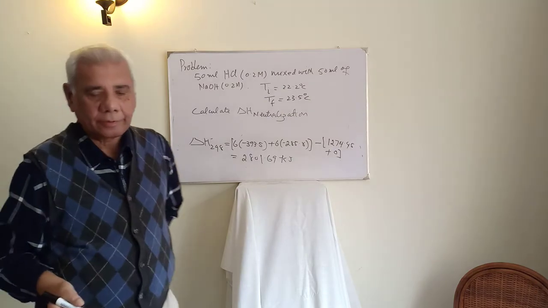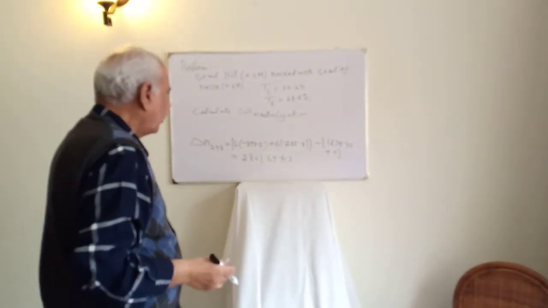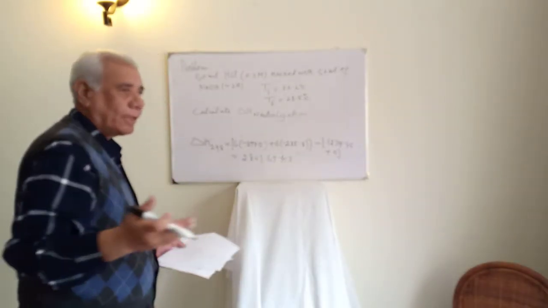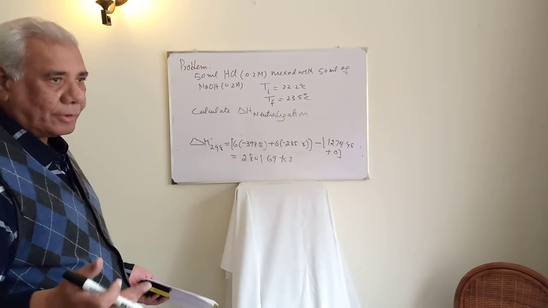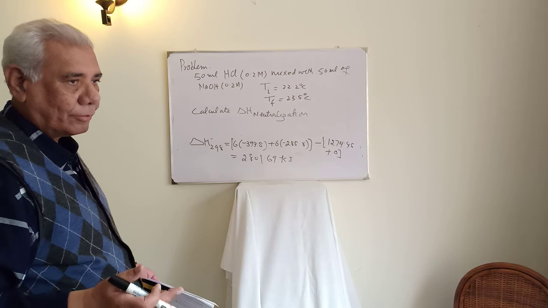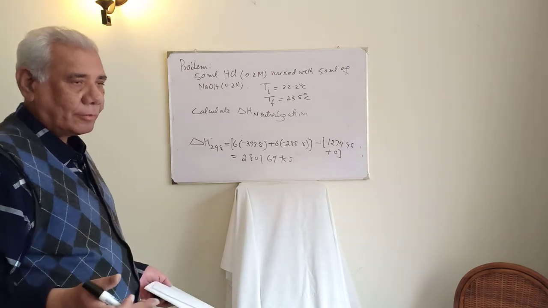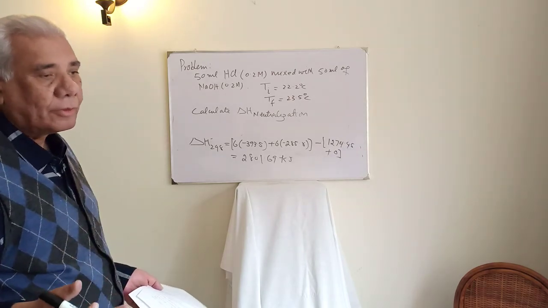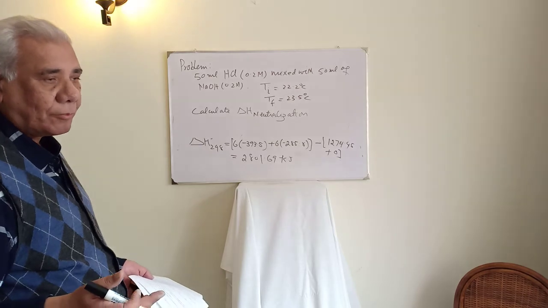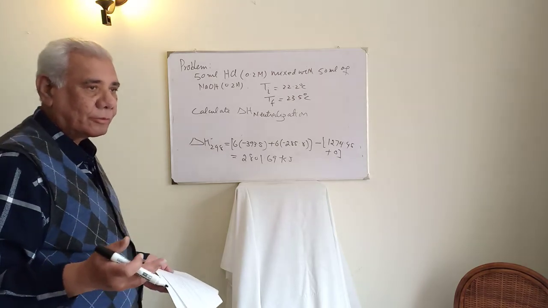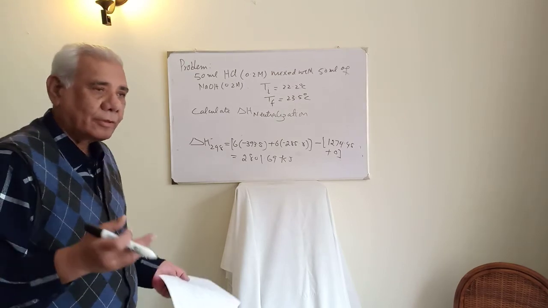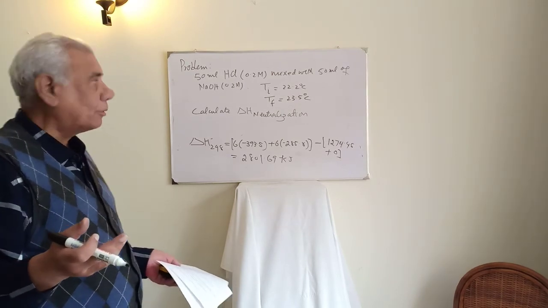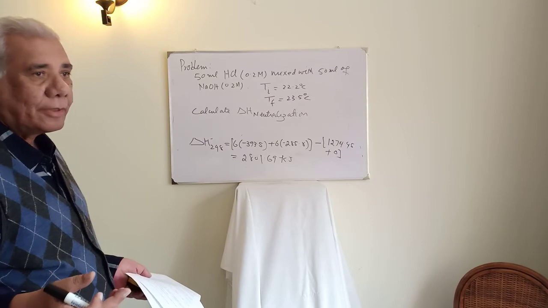Delta H neutralization. Okay. Well, as you know that this reaction is carried out in a calorimeter by mixing 50 ml of HCl with 50 ml of sodium hydroxide, both at 0.2 molar concentration. So the initial temperature of the solution was 22.2 degrees centigrade.